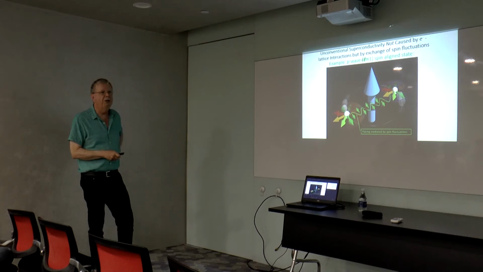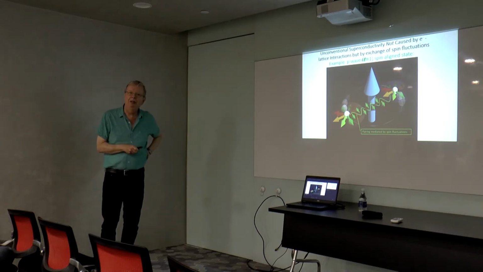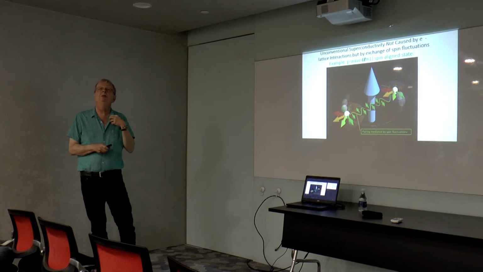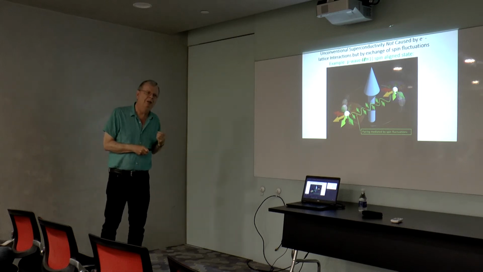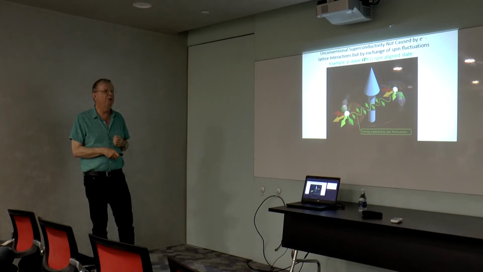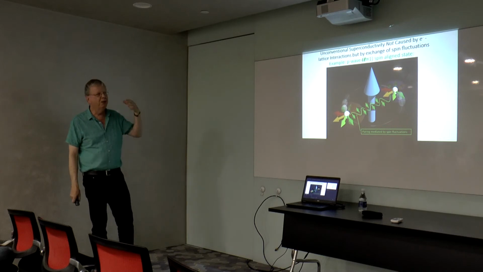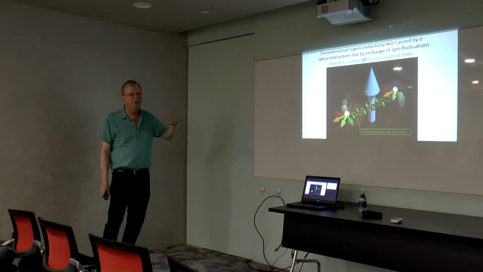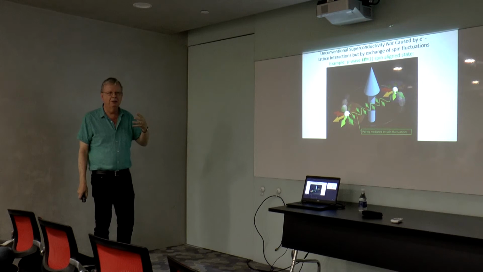You can read an argument between Doug Scalapino and Phil Anderson. Scalapino likes the exchange of spin fluctuations, and Anderson points out that they need to be ferromagnetic spin fluctuations. And as we saw in the first lecture, and as we'll see again, all of these things are anti-ferromagnets.